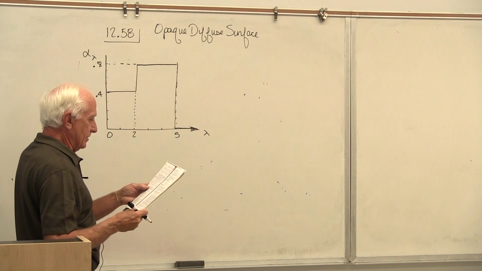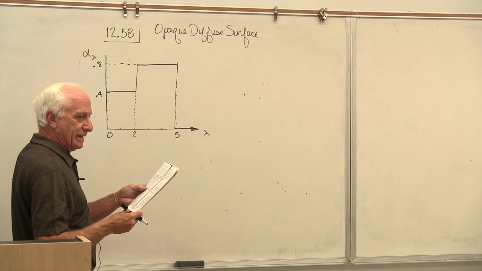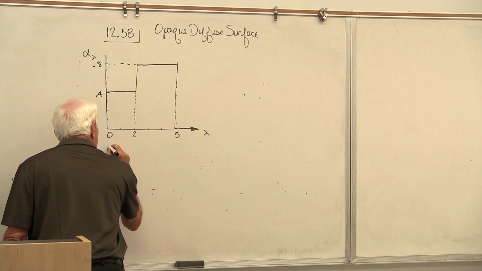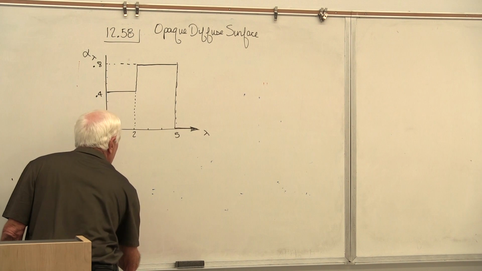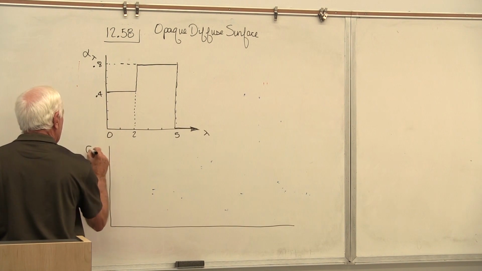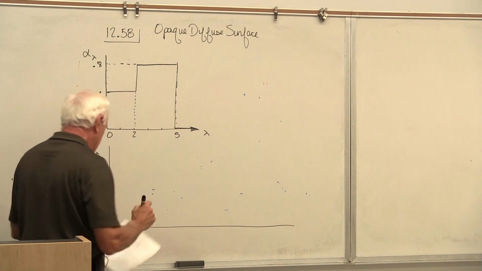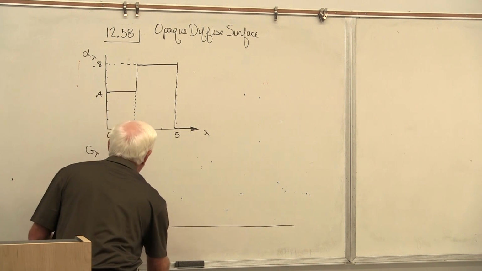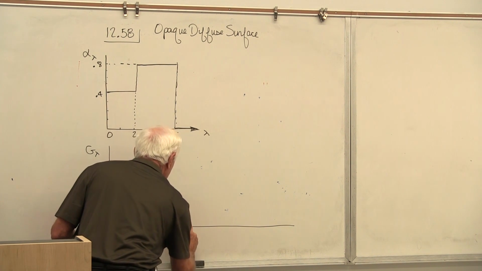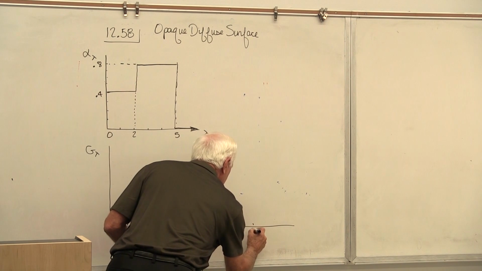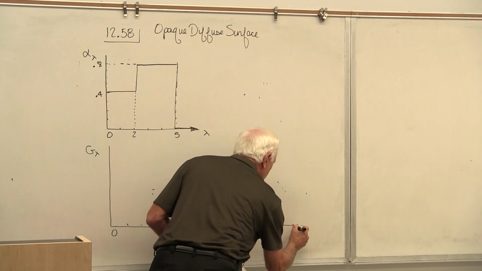Okay, he says, I'm also going to give you an irradiation graph as a function of wavelength. So he gives a second graph. The second graph is the spectral irradiation, G lambda. Wavelength lambda runs from 0 to 10.